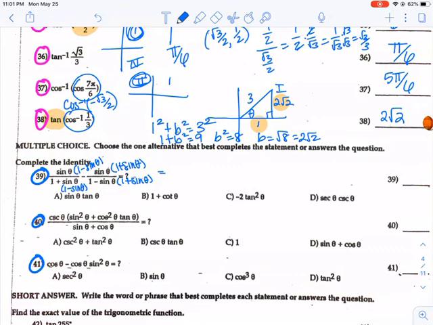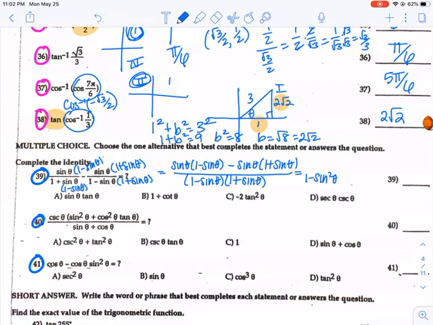So what are we left with? You have sine times 1 minus sine, plus sine times 1 plus sine, all over 1 minus sine times 1 plus sine. Well, the denominator, when you FOIL it out, becomes 1 minus sine squared, which ultimately becomes cosine squared.